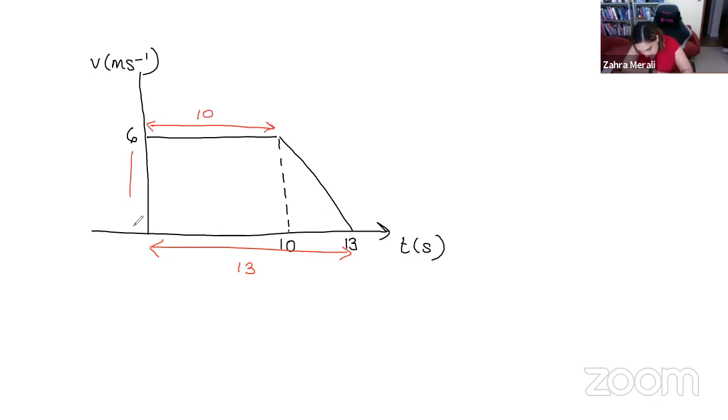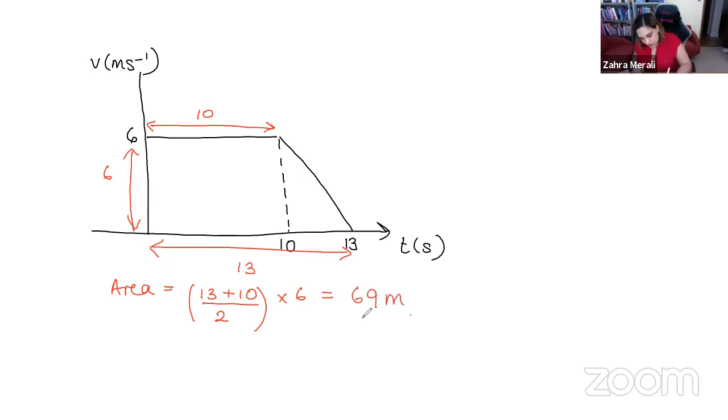And we've got the distance between them, which is 6. So the area here would be 13 plus 10 over 2 multiplied by 6. So that gives us 23 divided by 2 times 6. So that would give us 69. And so the distance traveled would be 69 meters.